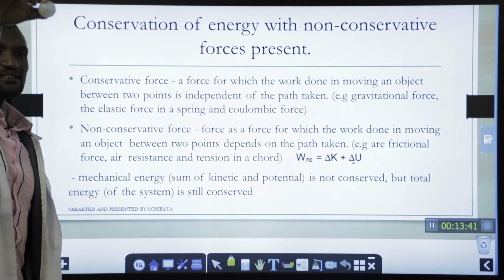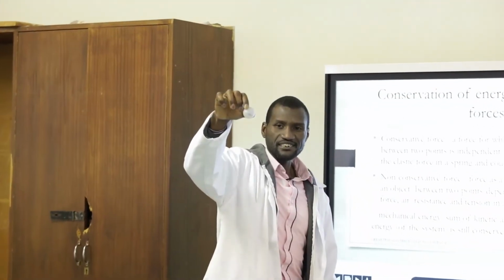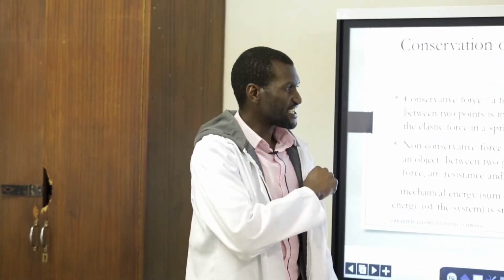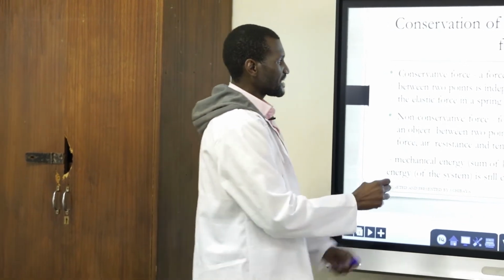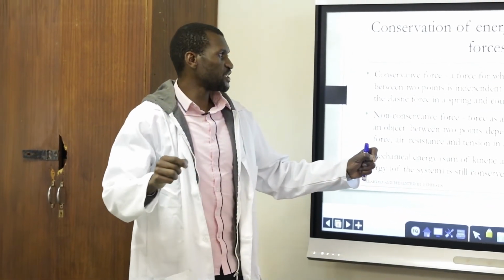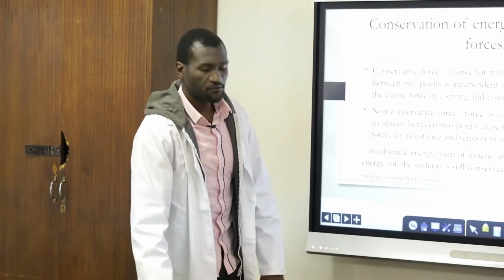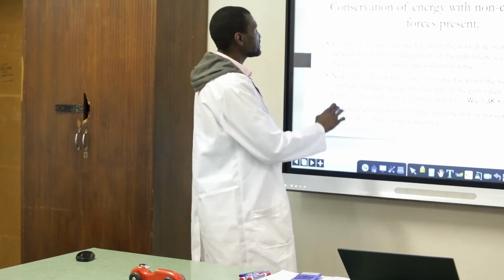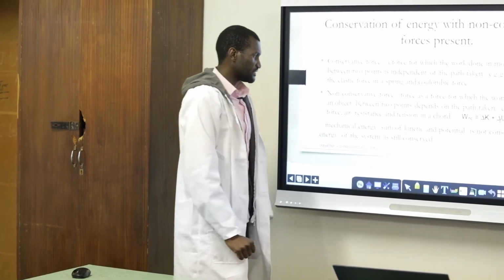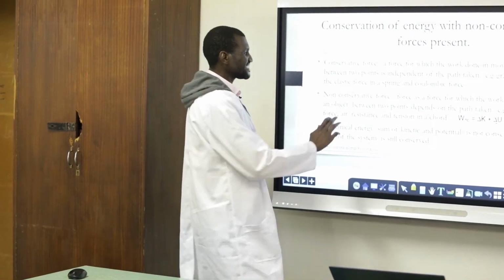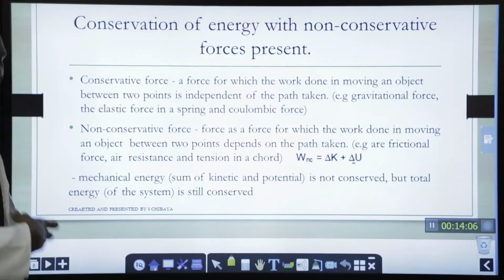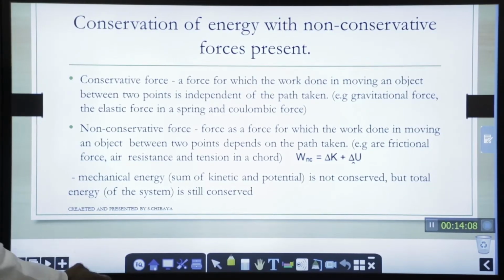So, work done by gravity is independent of the path that is taken, right? Like elastic force in a spring, or the Coulombic force, which we'll look at a little bit later on. These are conservative forces. It does not depend on the path taken. It's still the same.